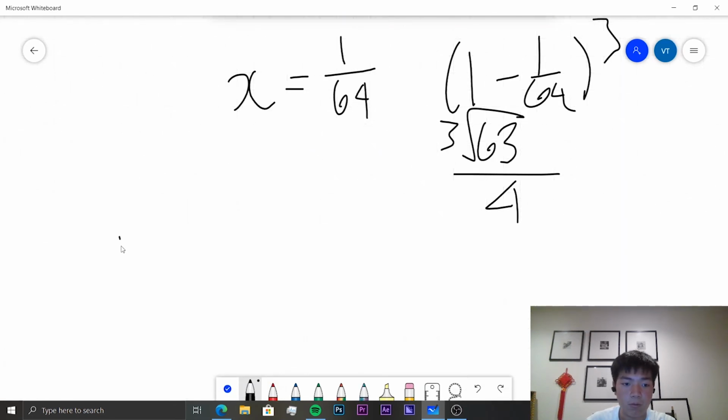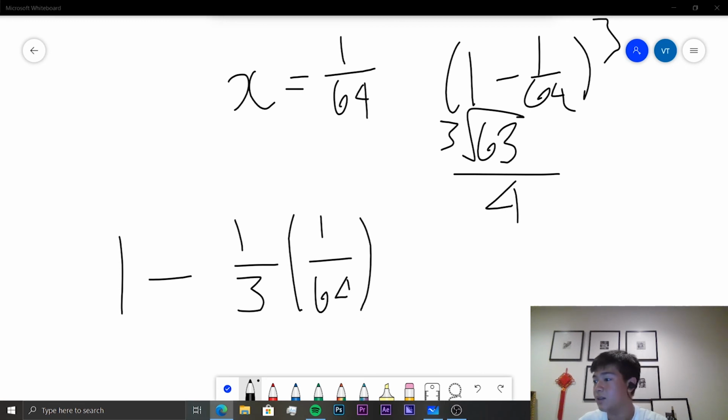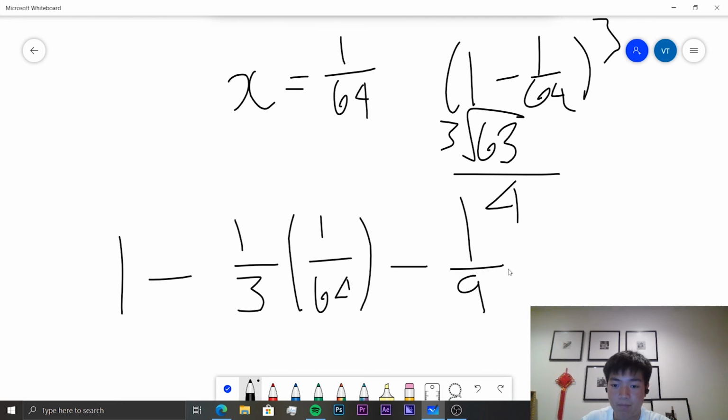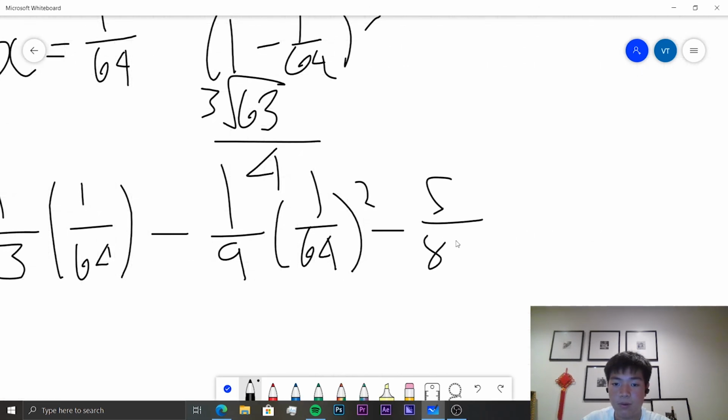So anyways, 1 minus 1/3 times 1 over 64, minus 1/9 times 1 over 64 squared, minus 5 over 81 times 1 over 64 cubed.